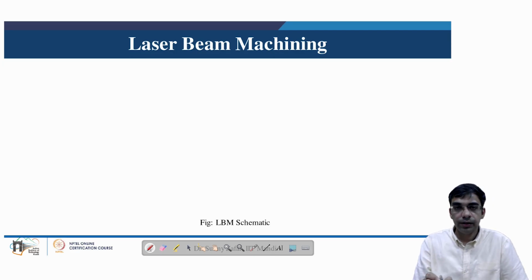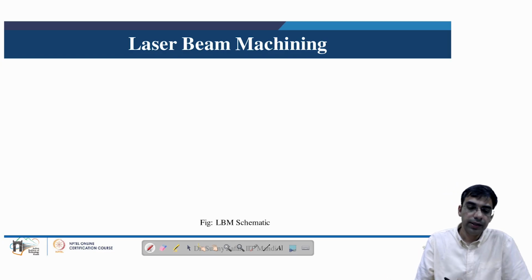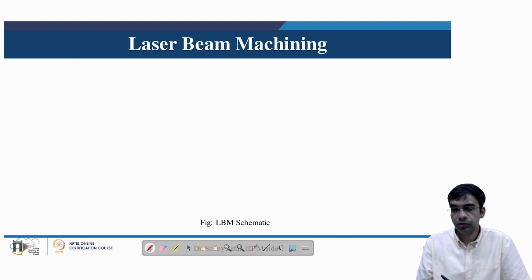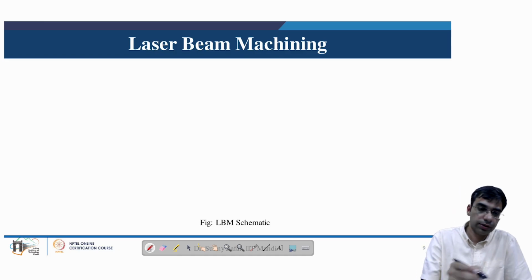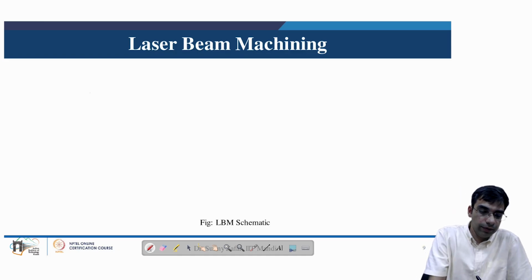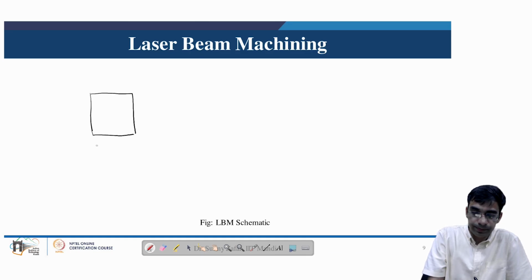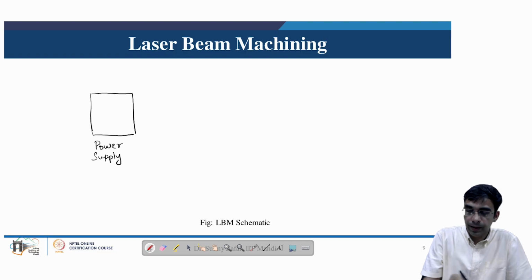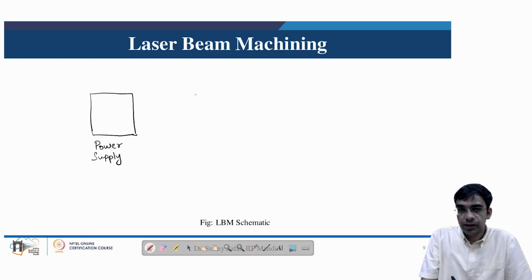So now we will understand how the laser beam machining setup is placed, so that the laser beam which is produced is ultimately used to machine the gas turbine blades to create the film cooling holes. In this setup basically we have a power source or a power supply. This power supply is connected to the energy source or the xenon lamps.